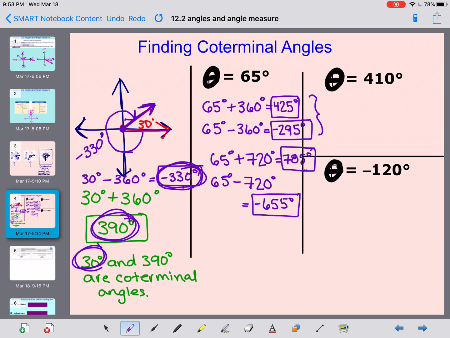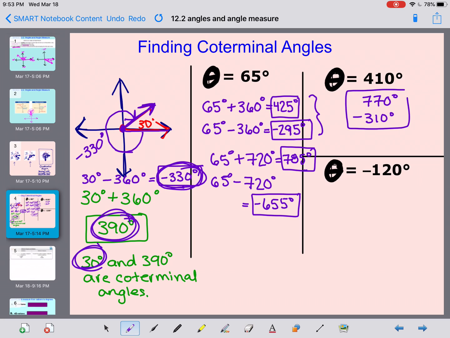So if you want to pause and do 410 and negative 120, find a positive coterminal angle and a negative coterminal angle for each one. All right, so for 410, the answers that I have are 770 and negative 310. Right?